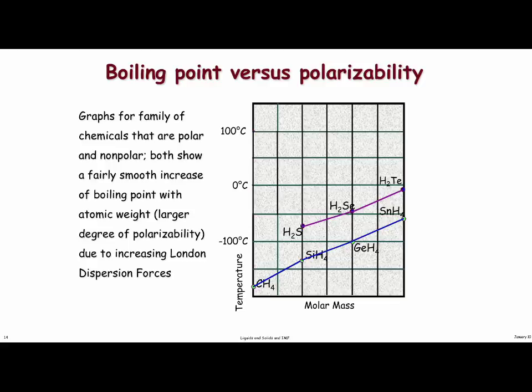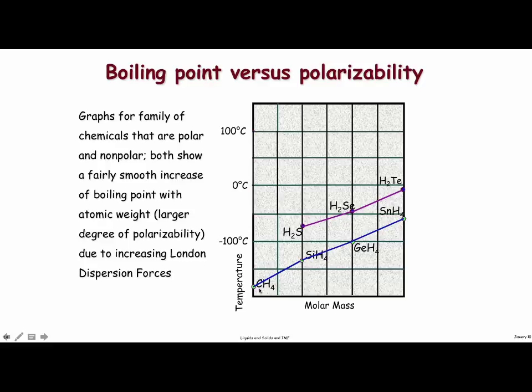So if we look at this graph right here, and we look at a series of carbon, silicon, germanium, and tin, they're all in the same column, the same family. CH4, SiH4, GeH4, SnH4.